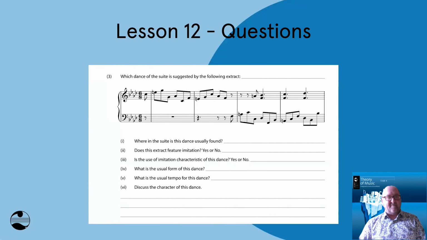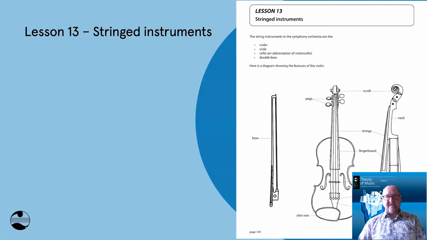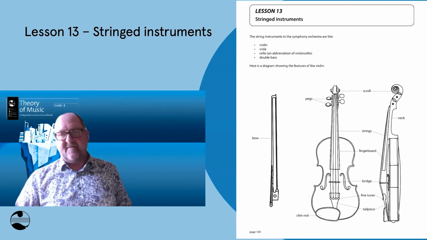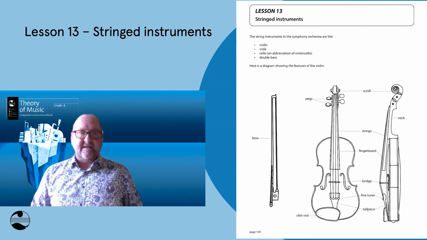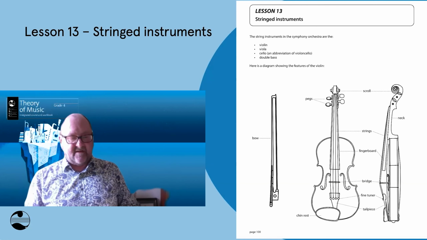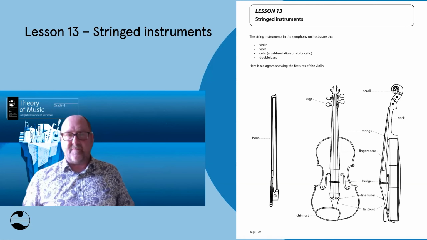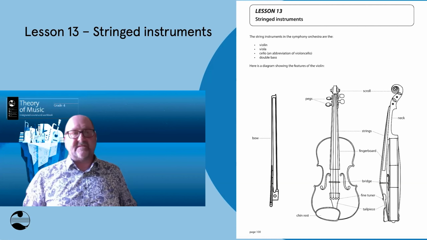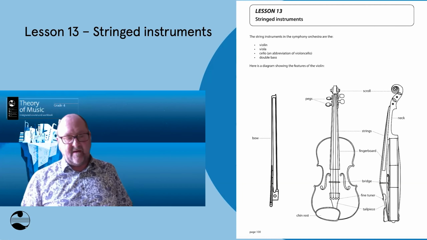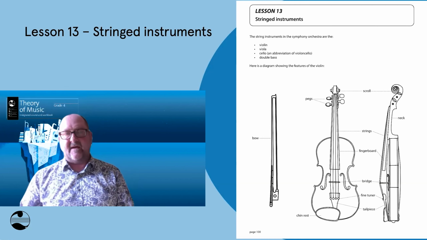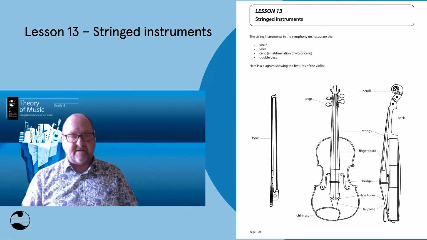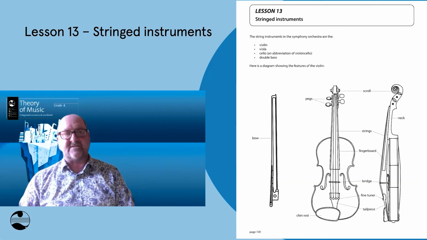All right, let's move on. Stringed instruments. I thought it was necessary for students to look at a stringed instrument and know all the various parts of a stringed instrument. Sometimes with theory we can be a bit piano-centric. I thought it was high time that we supported all the string players out there and told the world about their instruments and all the features of their instruments and how they work.